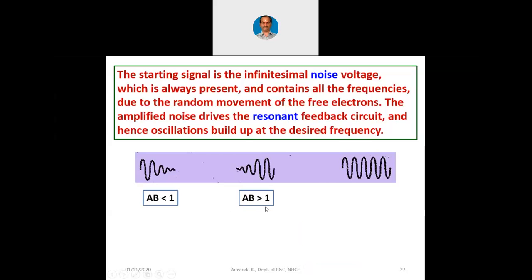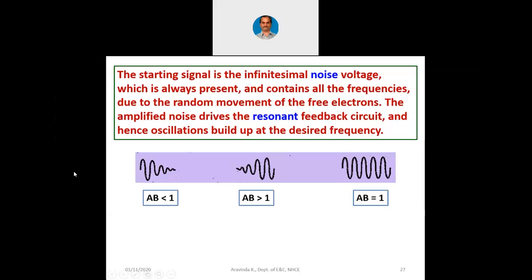Oscillations will keep on increasing in amplitude, because the loop gain is more than unity. Now if the loop gain is equal to unity, if we maintain A beta equal to 1, then it will keep on producing sustained oscillations. That is why I told you A beta itself is the decisive factor for sustained oscillations.